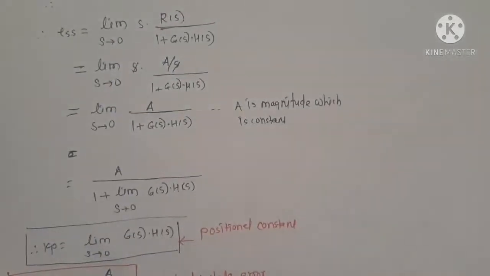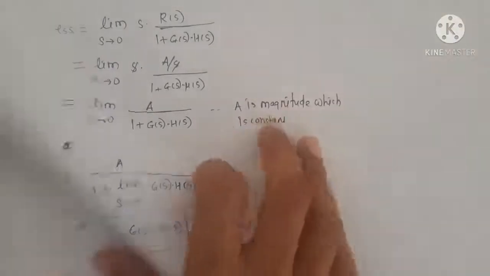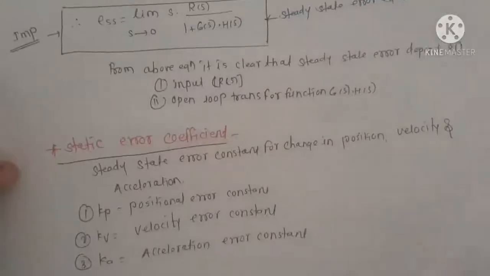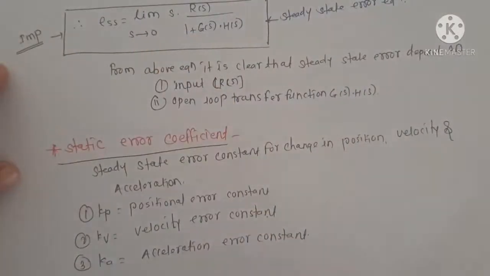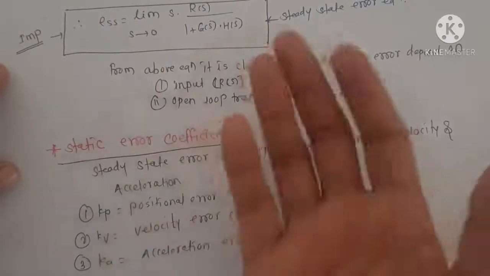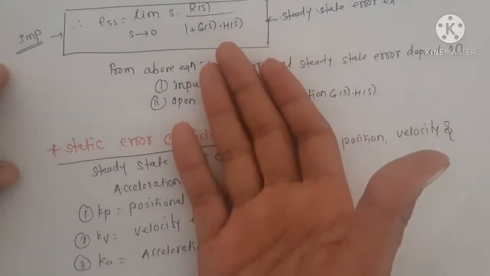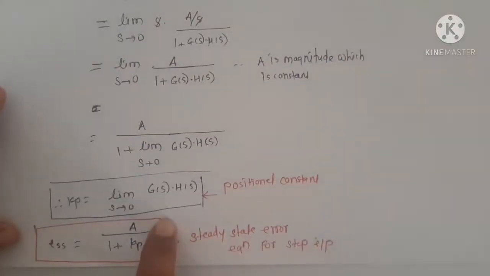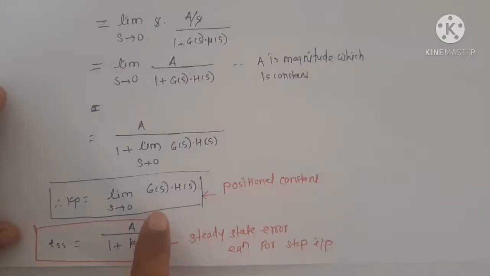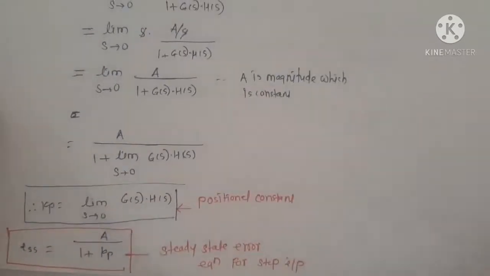This is the general equation for steady state error. Now we are studying the different effects of input on steady state error. So this is the first equation, the steady state error for step input: A upon 1 plus Kp, and Kp is nothing but limit s tends to 0, G of s into H of s.